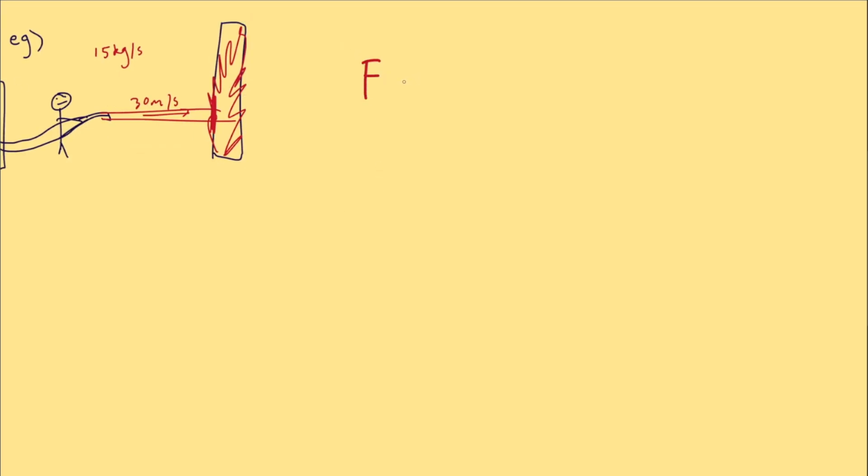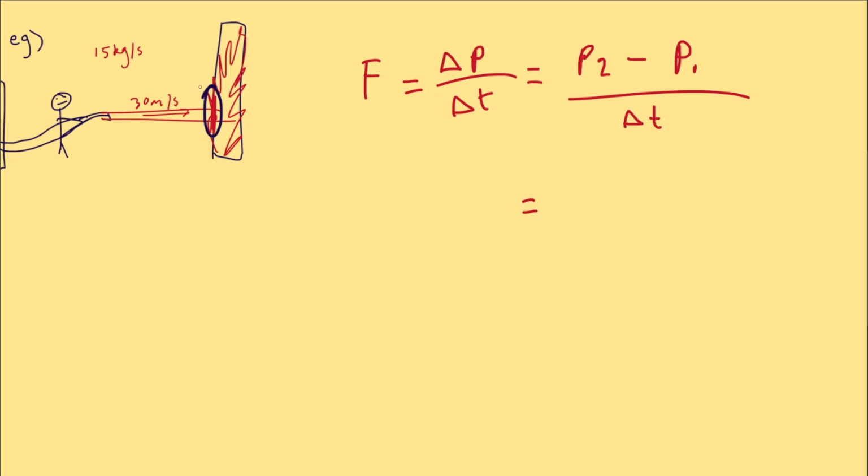We're looking for force, which is change in momentum over time. But here's where we have to do a bit of thinking. Change of momentum is the final momentum minus the initial momentum. What's the final momentum? The final momentum is 0 because the water gets stopped. Well, what's the initial momentum? We know that momentum is mass times velocity, but we're only given the fact that every second that passes, 15 kilos of water leaves the hose.